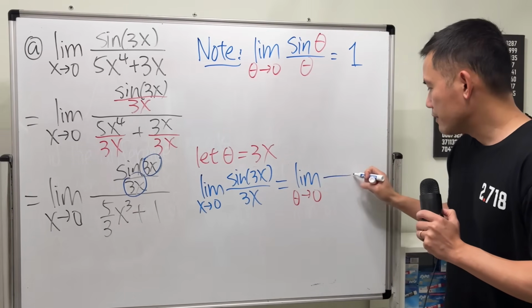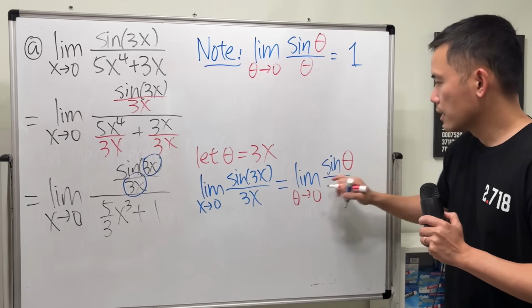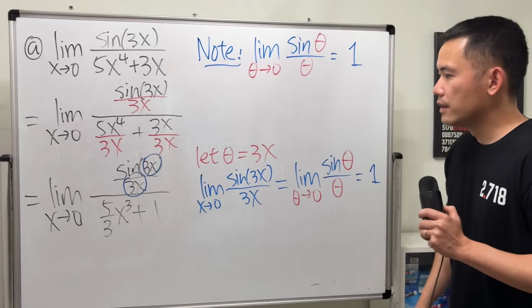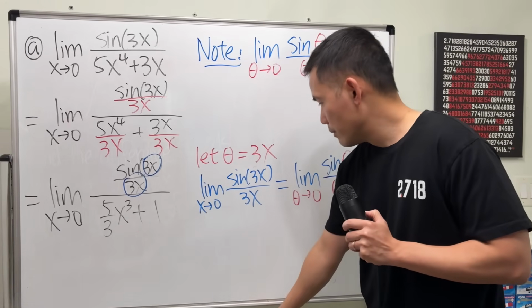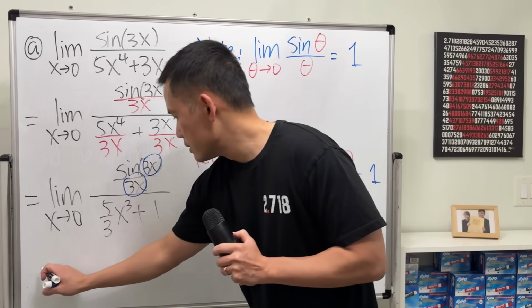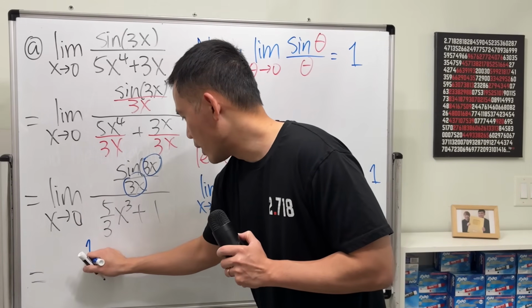And then we have sine of 3x, which is theta. On the bottom is also theta, so that's equal to 1. So taking the limit on the top is 1.